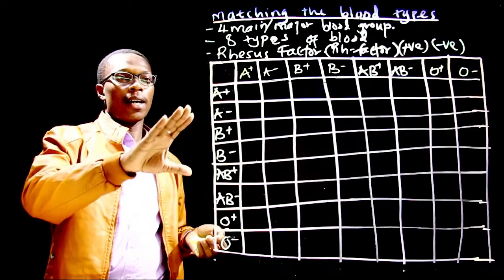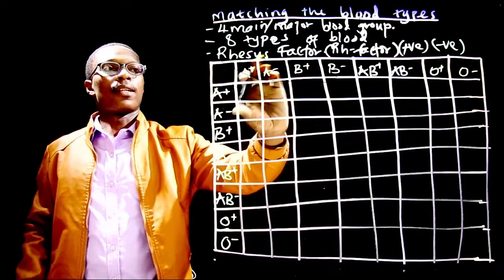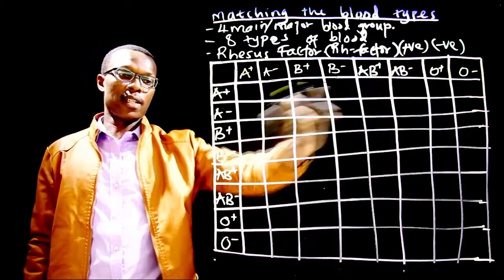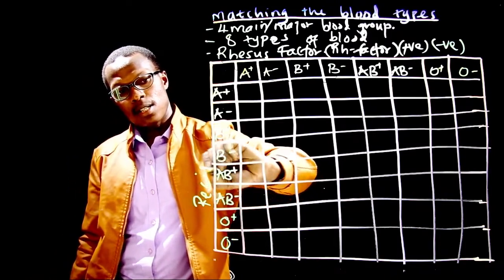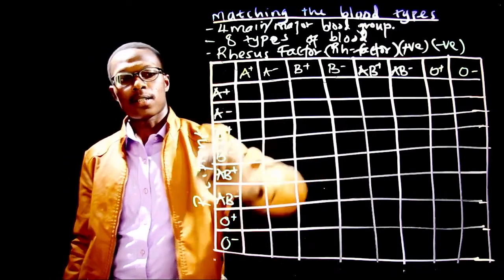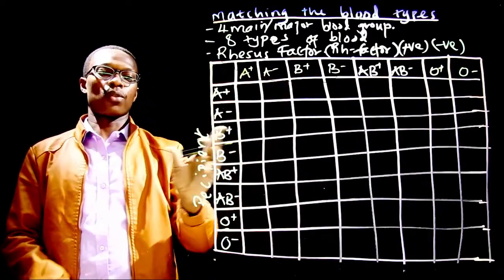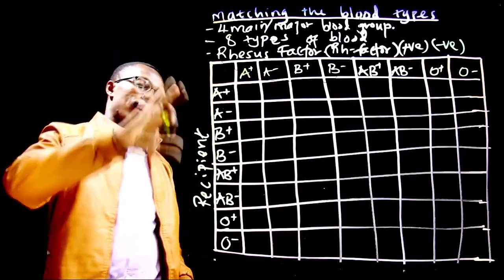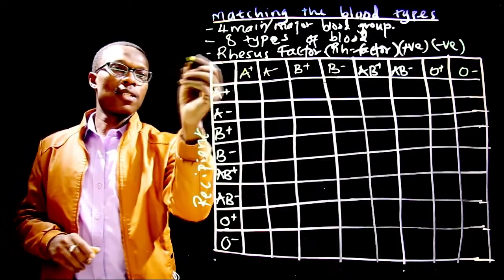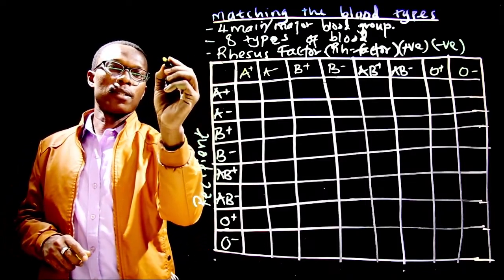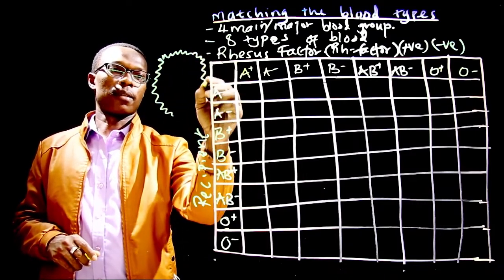So here at the top we have the blood donors, and this side we have the recipient. Maybe I can just write here recipient. And this side we have the donor. So this one gives to the recipient. Now I want you to remember this. Positive. Let me just put a star here so that it can help you remember.